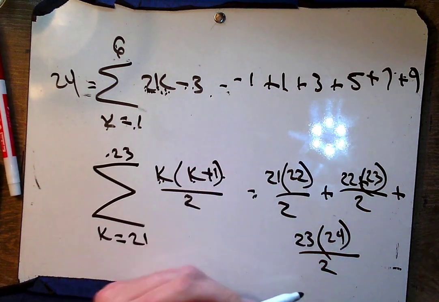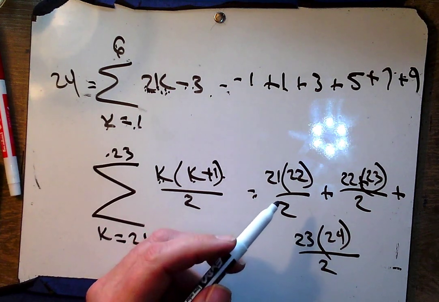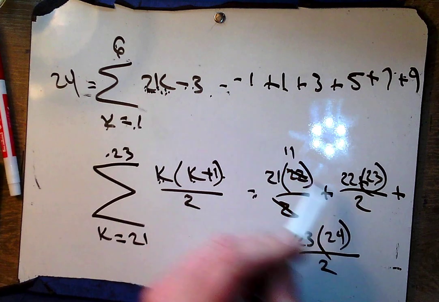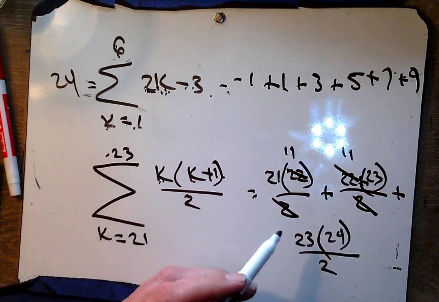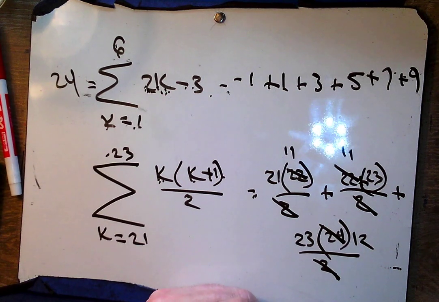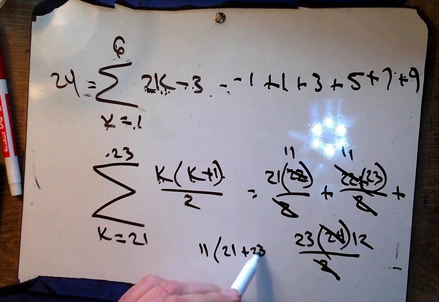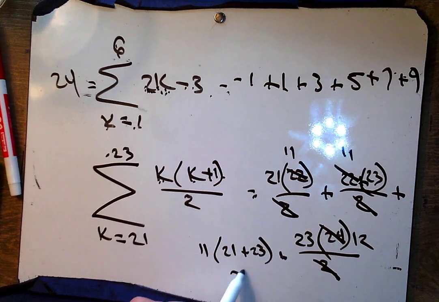All right, I mean, I'd certainly love to tidy this up, but I don't see a lot of obvious opportunities for that. I guess I've got 11 times 21 plus 23 plus 23 times 12.